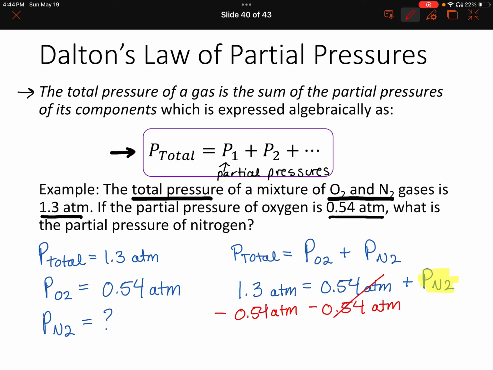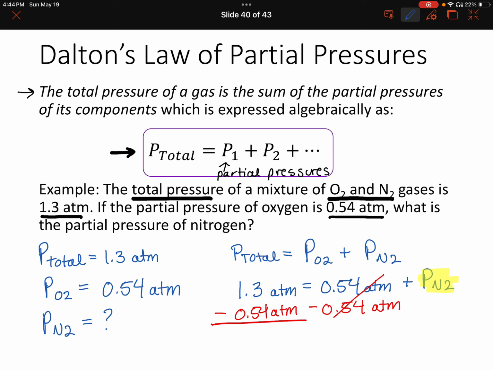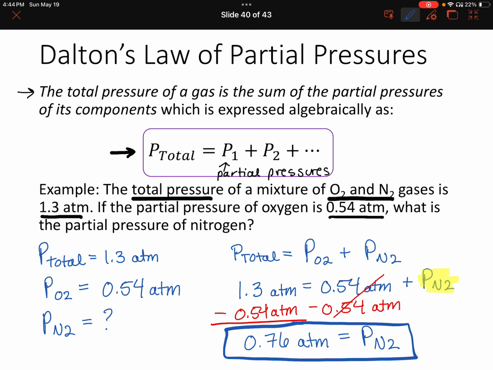So that will cancel on the right. And let's see, the difference between 1.3 and 0.54 atmospheres is 0.76. So that's equal to just the pressure of nitrogen. So that's the partial pressure. So super easy equation to use, much easier than some of the other ones we've seen.